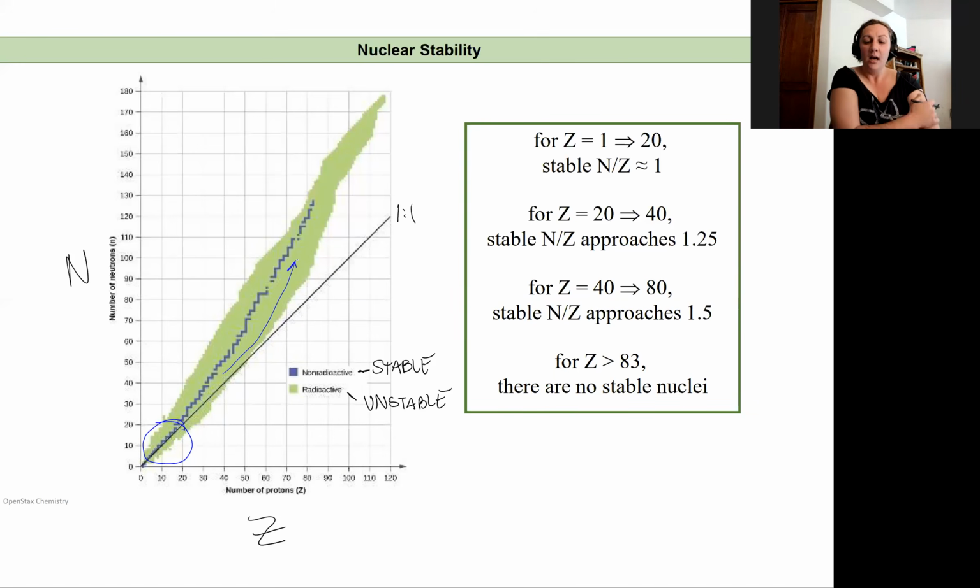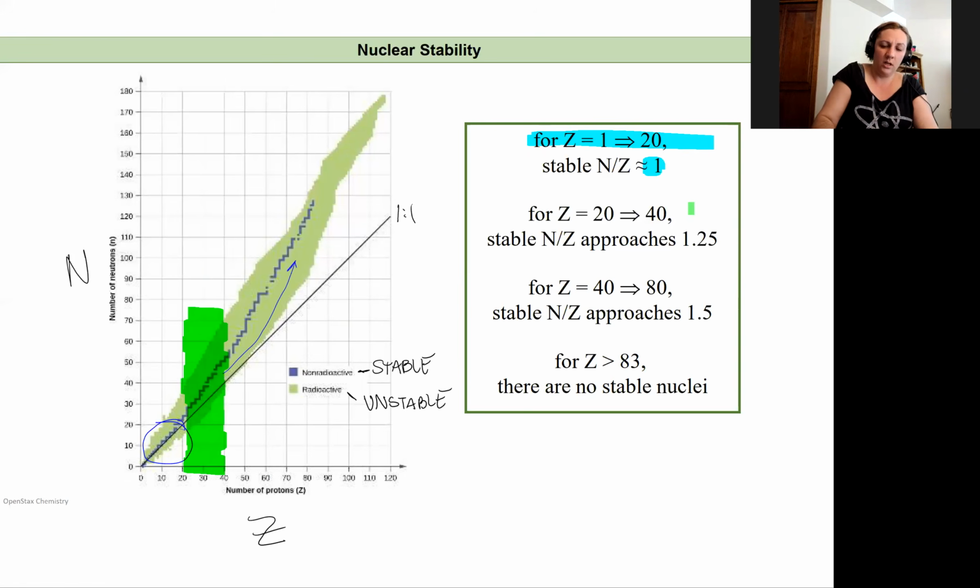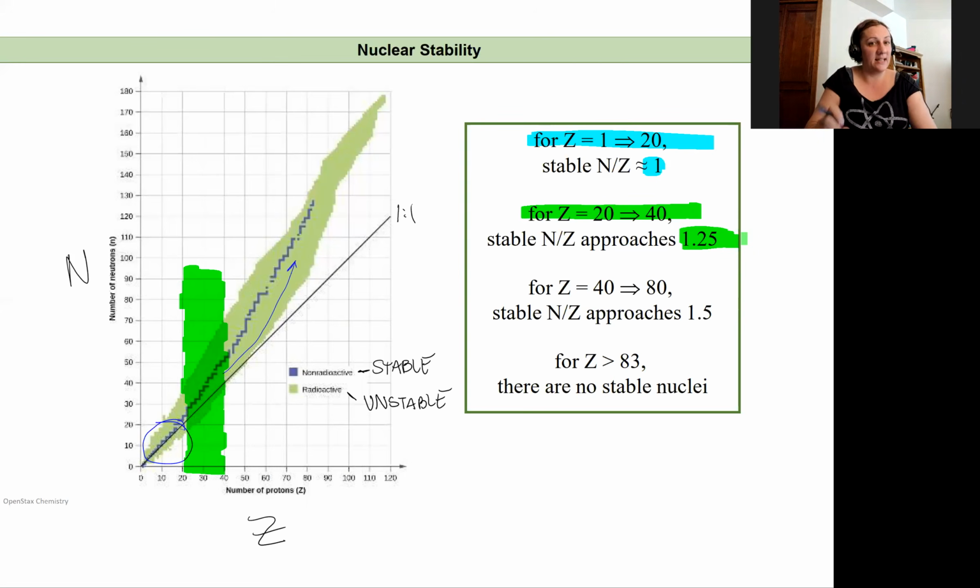So for those first 20 elements right here that I circled in blue, a nucleus will be stable if you get the ratio close to 1 neutron to proton. Then for our next region from 20 to 40, in this region right here, if that ratio approaches 1.25, we'll have a stable nucleus.